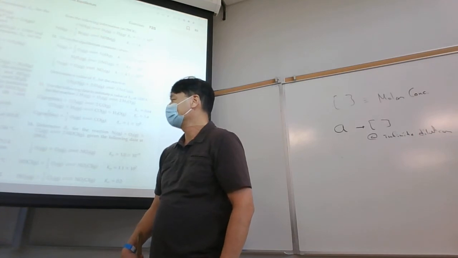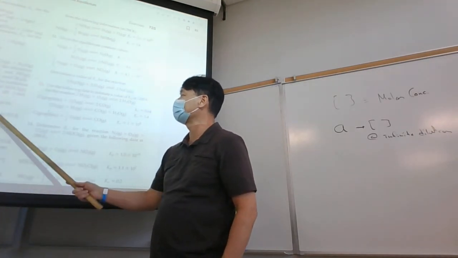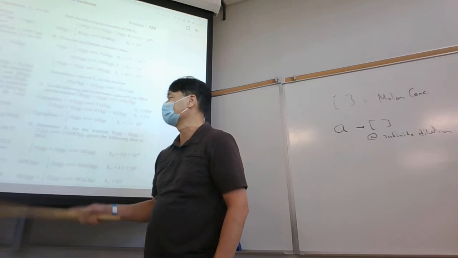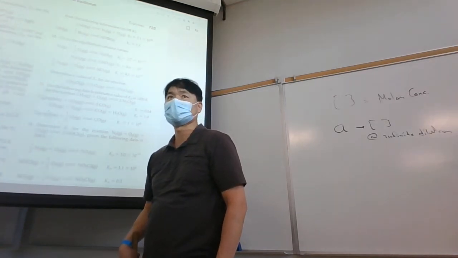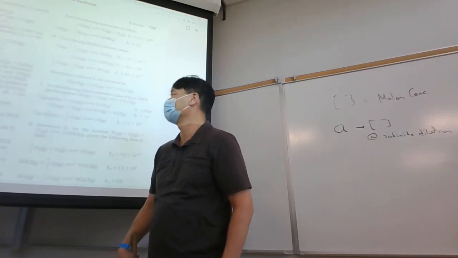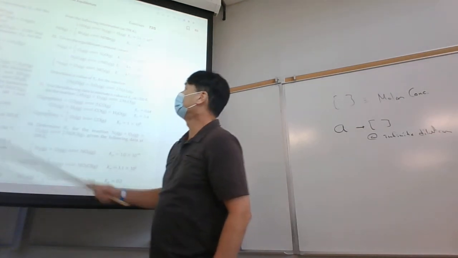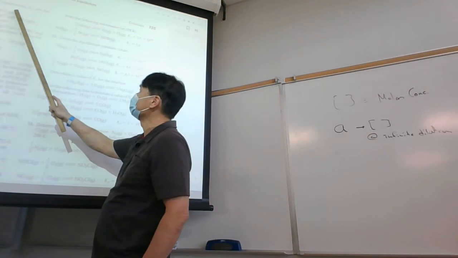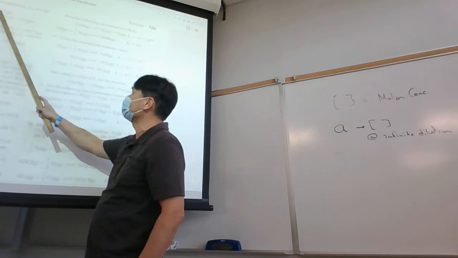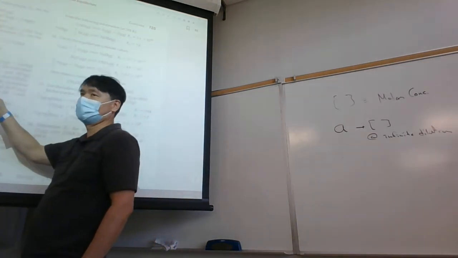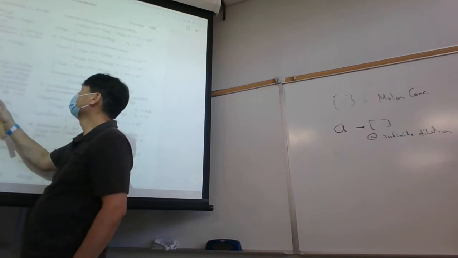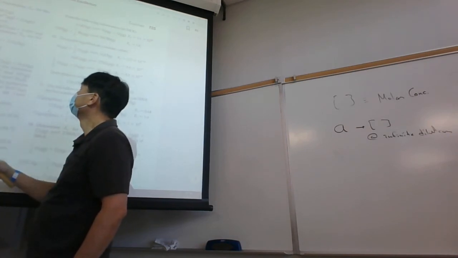So that's one thing we have to keep in mind: did they do this using bar or atmospheres? But anyway, what we're going to have here is the concentration of NO2 squared divided by the concentration of NO squared and O2.